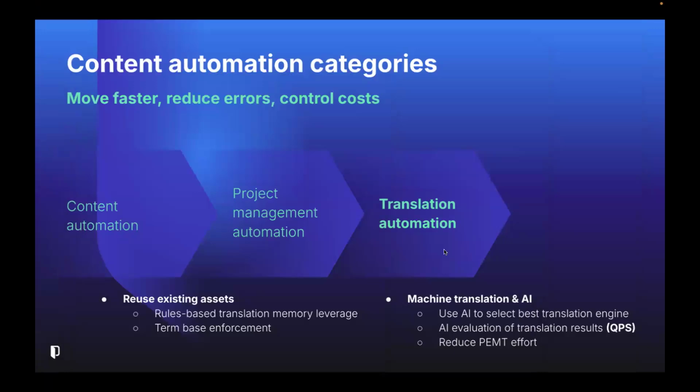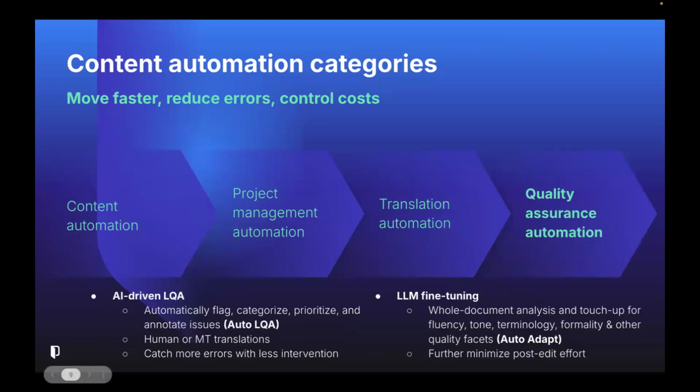So we saw in translation automation, we can go out and use a combination of machine translation and AI to get us results back, to do an evaluation of that. And then based off of that, we can lock segments, minimizing the amount of things that have to be done in a post-editing scenario. And then from there, we want to look at how can we potentially do some assurance work on quality. So where are the automation opportunities there with quality?